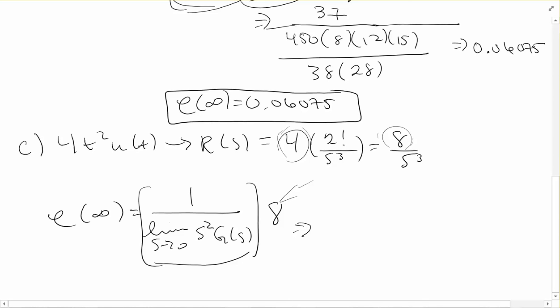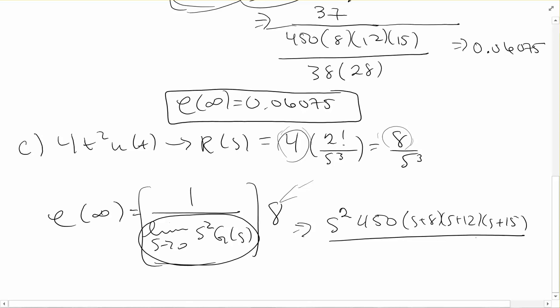So let's focus on the denominator, because that pretty much determines what we're going to end up with. So now we're going to have S squared times G of S. So we'll have S squared times the 450 times S plus 8 times S plus 12 times S plus 15, and then we put that over S times S plus 38 times S squared plus 2S plus 28.